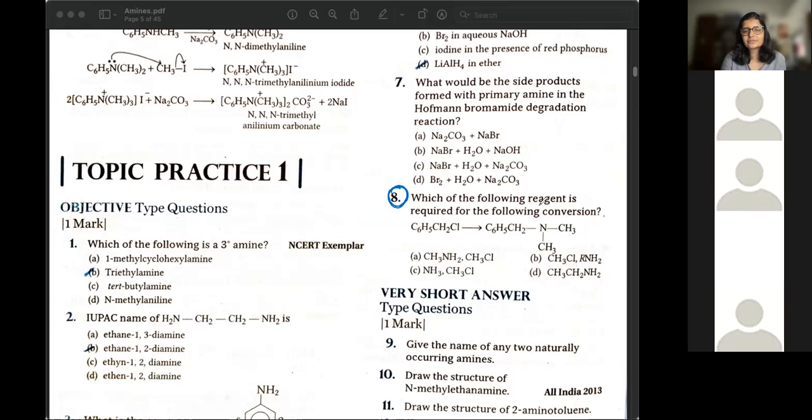Okay, Dhriti has already answered. So alkyl halide means this is an ammonolysis reaction. So check your notes. For ammonolysis, how would you convert it into an amine? What things would you need? Dhriti is the only one who sent the answer. The rest of you are working it out. Okay, Mitali has also sent.